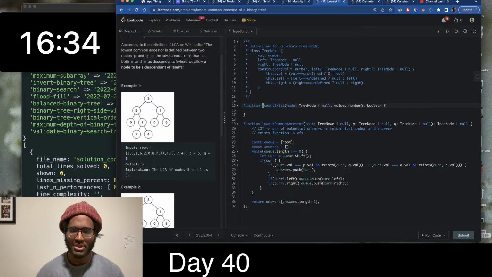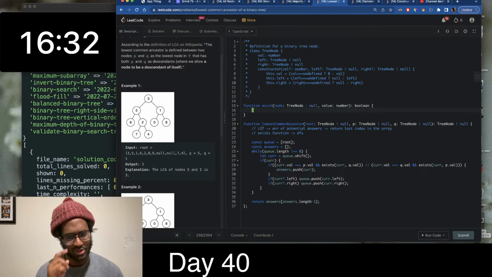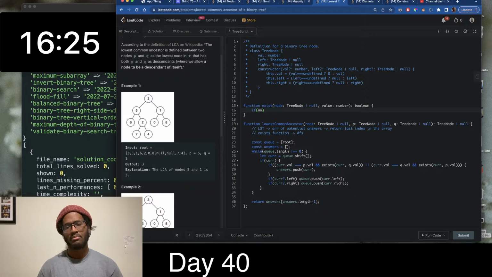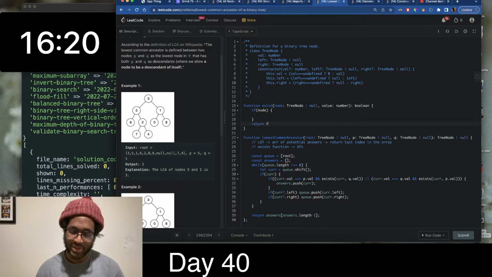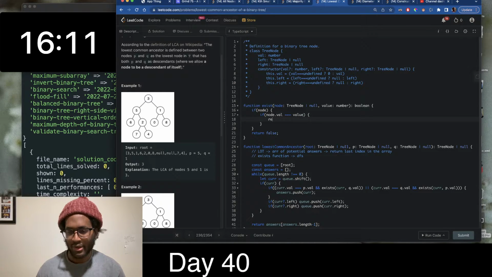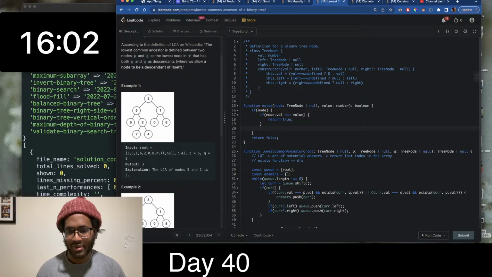So actually we could do exist, and instead of anding these Boolean logical expressions, what we'll do is OR them. So if the node exists, we're going to check some things. Otherwise, if it doesn't, we're going to return false. But what will make sense of it is if we do if node.val equals value, then we're going to return true, right?